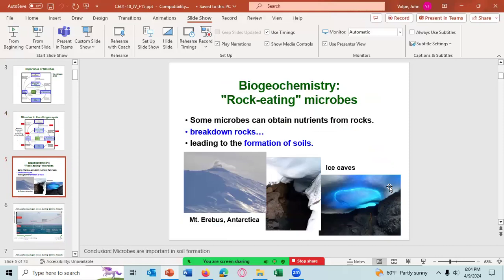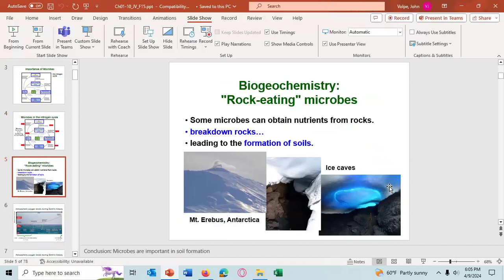Microbes are also important in making soil. There are some microbes which actually obtain their nutrients from rocks, and they break down the rocks, leading to the formation of soil. Now, it is not the main way that soil is made.